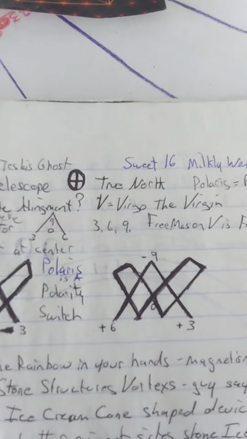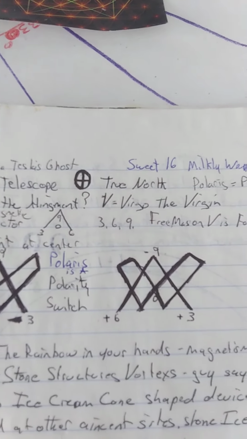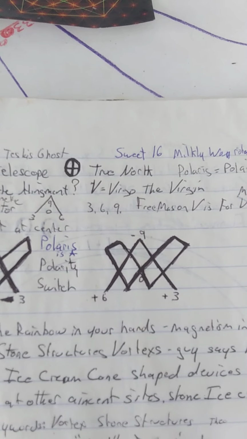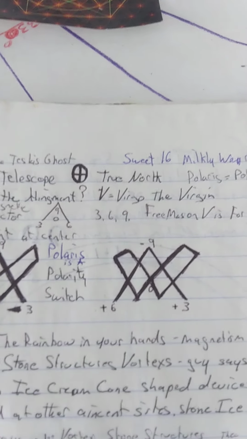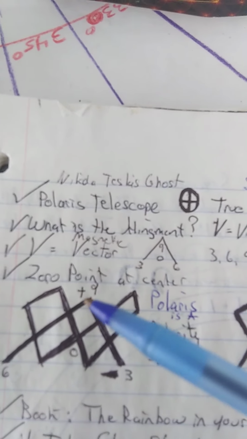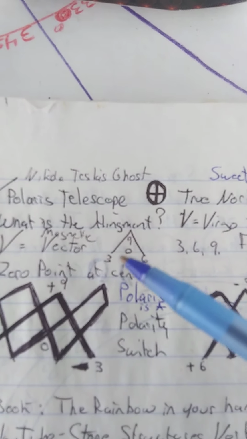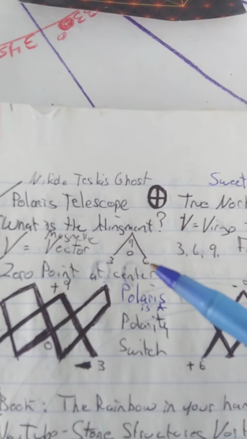So it's doing this polarity switch and this flip. So we're going to get into the numbers on how this is working because all numbers have a positive and a negative to them. Okay, what it's doing, it's setting up this magnetic vector for the 0 point. It's setting up this right here. It's the pyramid. Once again, it's right there.